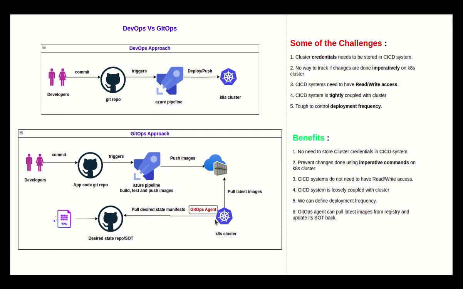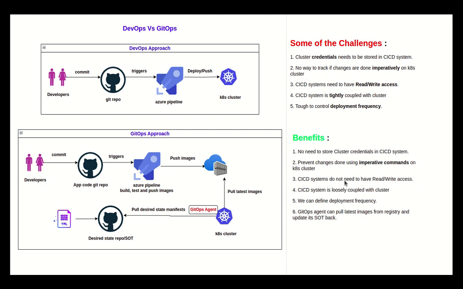So let's say if the developer commits some direct changes using imperative commands, then these GitOps solutions come with a feature called prune, using which, whenever a new pull happens, it always compares the desired and current state of the cluster, and it will remove those changes done using imperative commands.